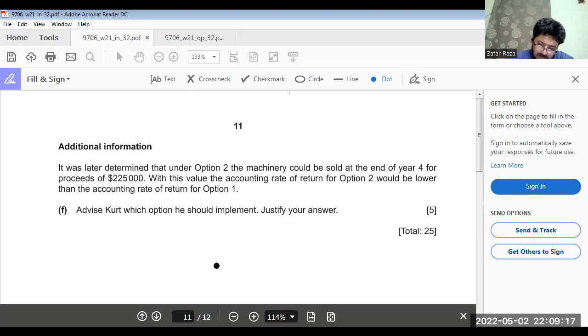Option 1 is better because of lower outlay. Option 1 is better because of its NPV. In any case, option 1 is better than option 2, even without all these calculations. That's up to you. You can justify your answer.